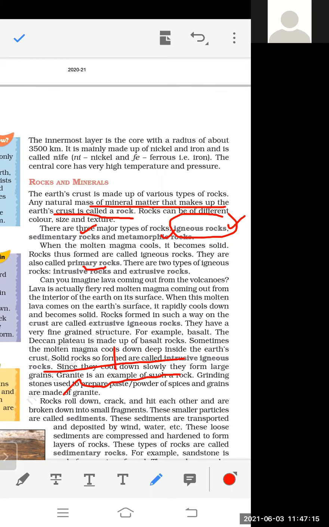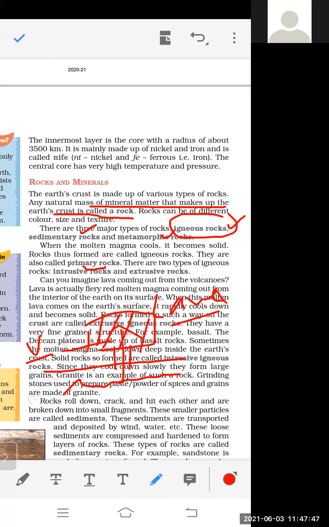When there is any crack or weak point in the earth's surface, this magma comes up, and this is called volcanic eruption, right? By this volcanic eruption, lava comes on the surface of the earth, and as time passes, this lava comes into contact with the atmosphere and begins to cool down. When it cools down, it begins to solidify, and it takes the form of a rock.